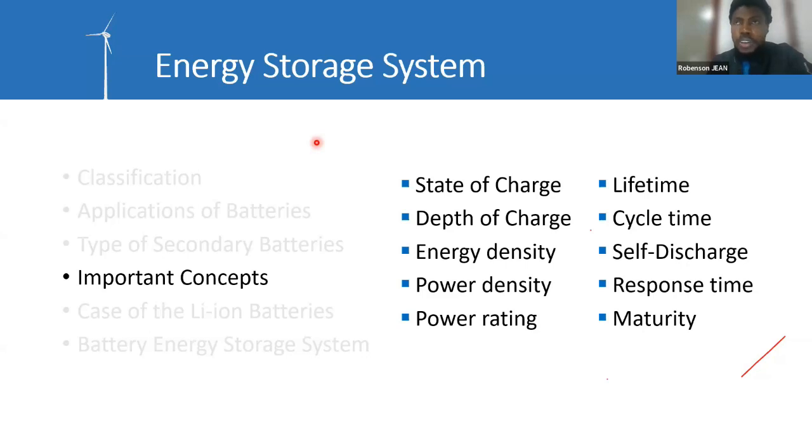how long you can use the battery. For instance, there is software called Homer Pro. I can write down the name in the chat for you. With Homer Pro, you can design your system: give the load profile, predict the generation, and then design the battery energy storage system.